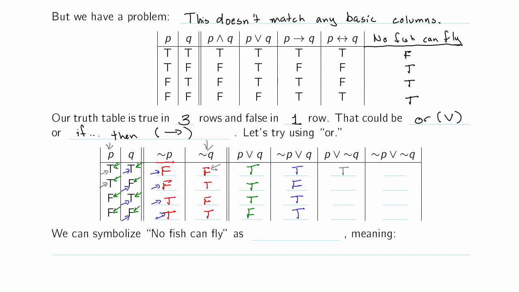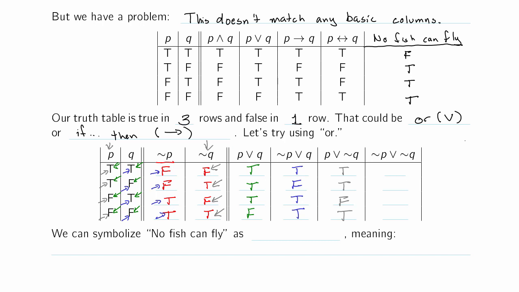P is true, not Q is true, the or is true. P is false, Q is false. When they're both false, that's when the or is false. And then P is false, not Q is true, the or is true.